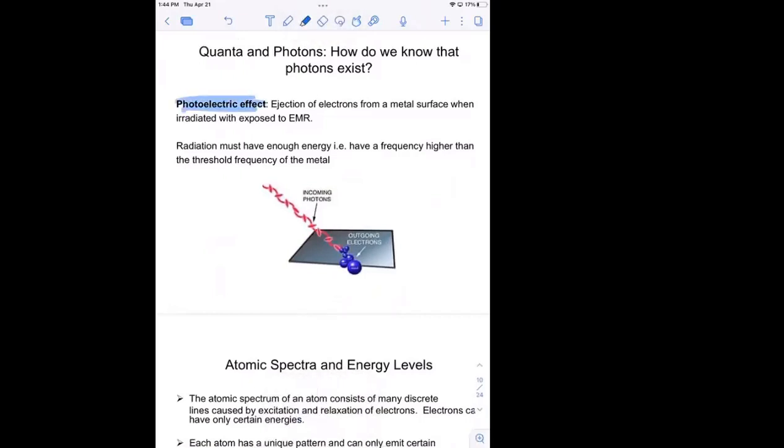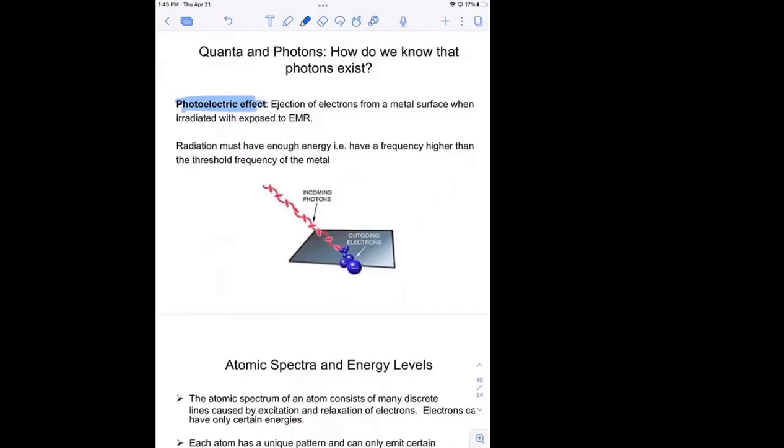All that is is when you irradiate a metal surface with photons, right? Electromagnetic radiation could be any wavelength or frequency, it doesn't matter.